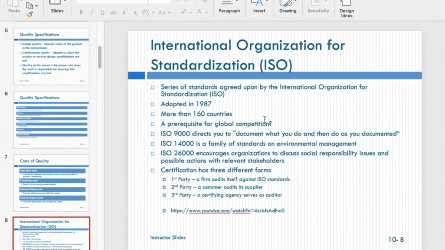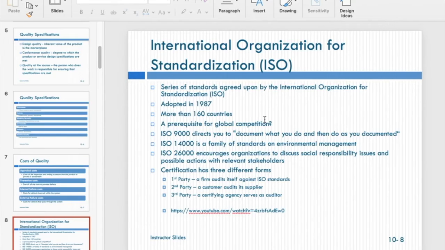The first one, and the most important one, is customer focus. The reason you want to improve your quality is to better fit your customer needs. If you improve your quality but it's not fit for customer needs, it's useless. So the first and most important area within ISO 9000 standards is customer focus.